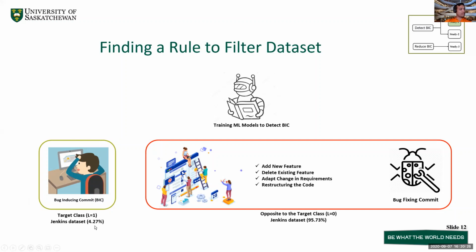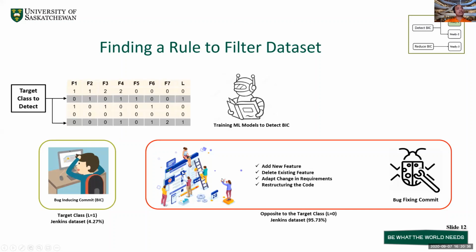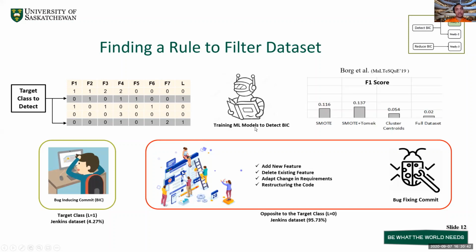If we consider this 4.27% as the positive data sample and all the other 95.73% as the negative data sample, this will create a largely imbalanced data set, and based on training with those imbalanced data sets, the model will not perform very well.